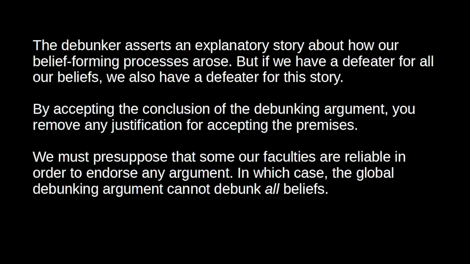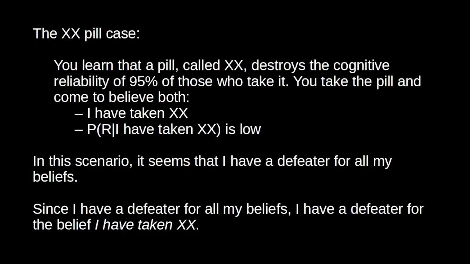So Andrew Moon, in his article Global Debunking Arguments, suggests a response on behalf of the debunker that appeals to the XX pill case, which comes from Alvin Plantinga. So Plantinga proposes this scenario. You learn that a pill called XX destroys the cognitive reliability of 95% of those who ingest it.